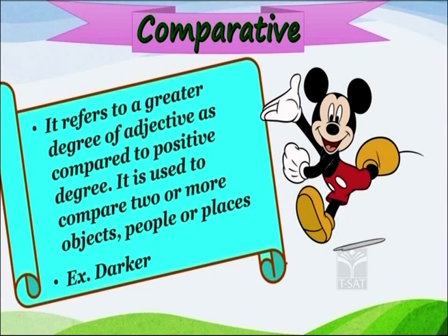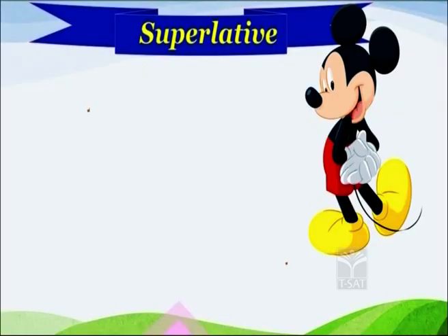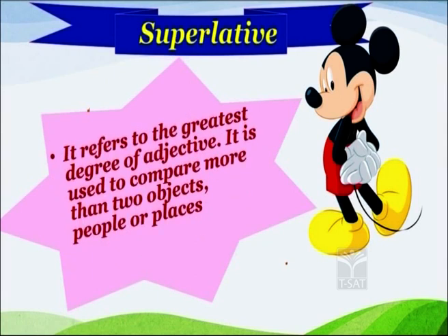Now it is darker than the previous one. Here is our last degree. It is superlative, which is nothing but the greatest degree of adjective. It is used to compare more than two objects, places or people, like darkest.